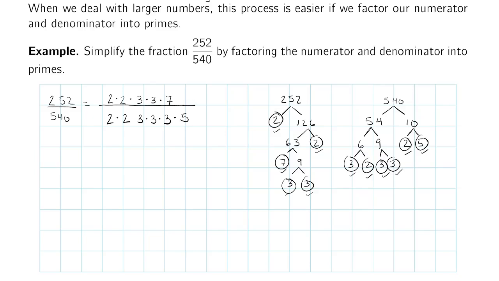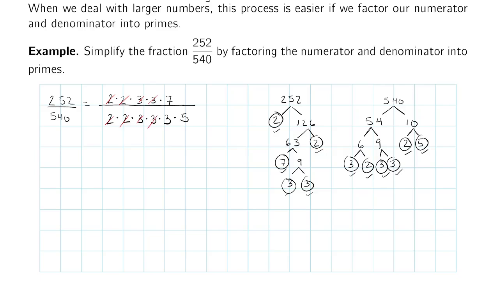So my 252 over 540, factoring the numerator and denominator into primes, I get 2 times 2 times 3 times 3 times 7 for my numerator. 2 times 2 times 3 times 3 times 3 times 5 for my denominator. And now I have a common factor of 2, another common factor of 2, a common factor of 3, another common factor of 3.